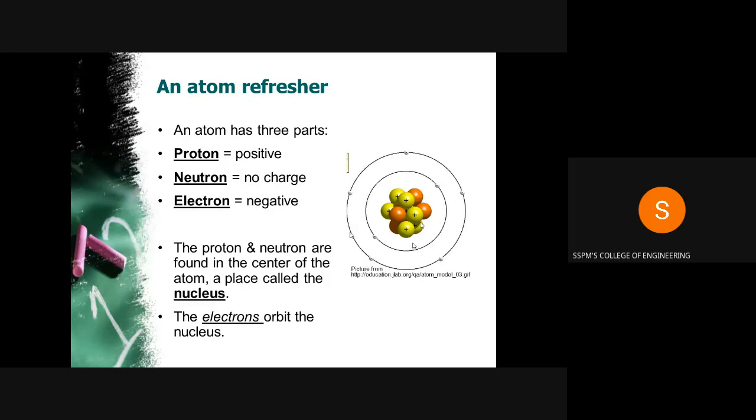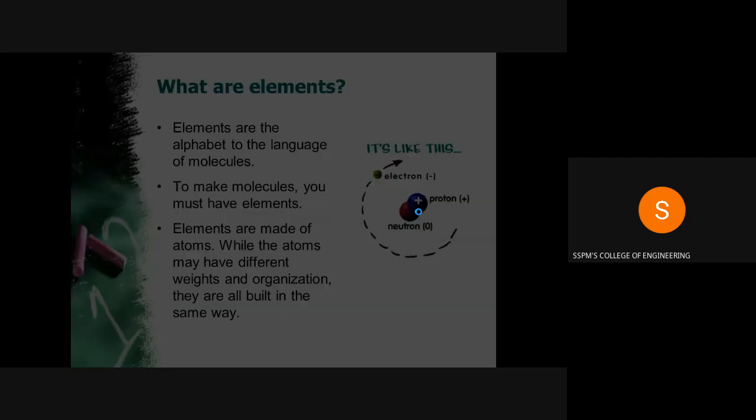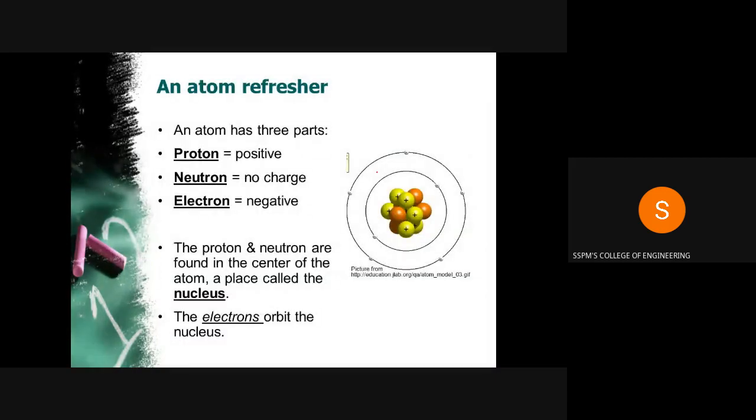They revolve around the nucleus. The center is made up of protons and neutrons. These are the compositions of an atom.